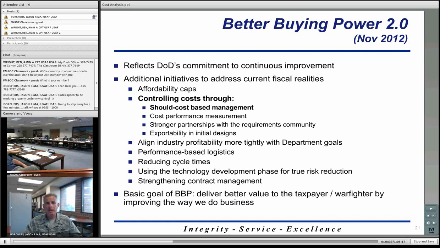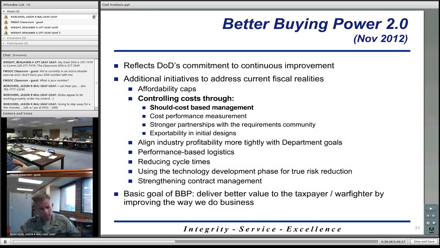So it took all of those lessons learned and rolled them into this Better Buying Power 2.0. It talked more about should cost based management, what we can do to try to find efficiencies, and maybe what has not worked, so something we may want to stay away from. So it's another evolution in the whole better buying power process.